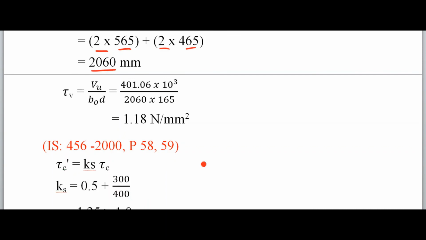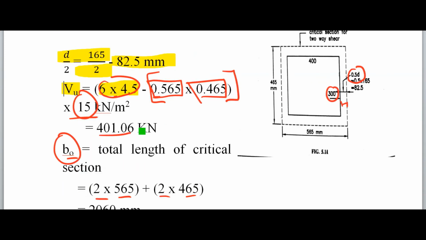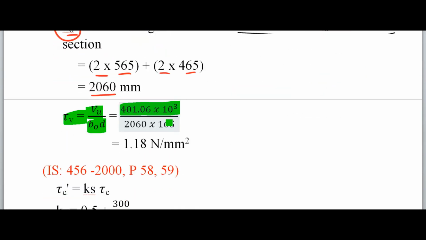Now we have an equation here: tau v is equal to Vu upon B0 d, 401 into 10 raised to 3. We find out here, same thing, 2060 is B0 and d is the depth 165 mm. So tau v is equal to 1.16 Newton per mm square, right?